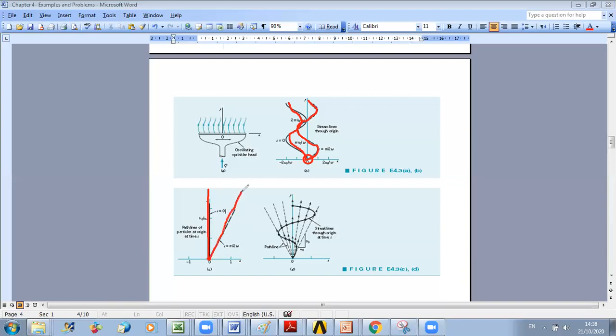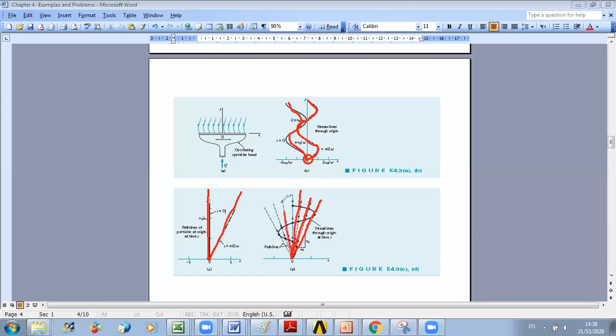And we can demonstrate that for this type of flow, if I follow particles at different times, all will move along straight lines. Because you can come up with a general path line equation as a function of a certain constant, and this constant will depend on the time the particle passed by the origin.